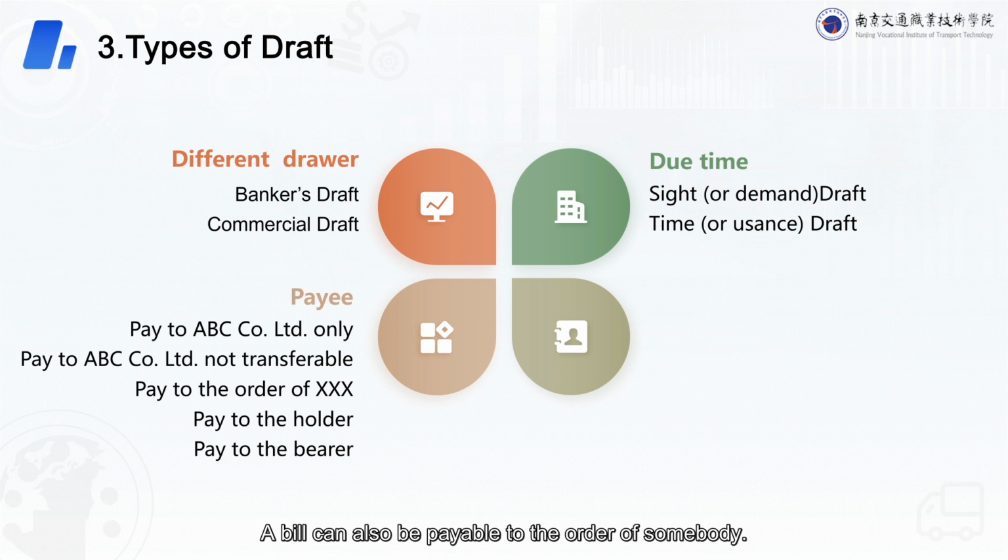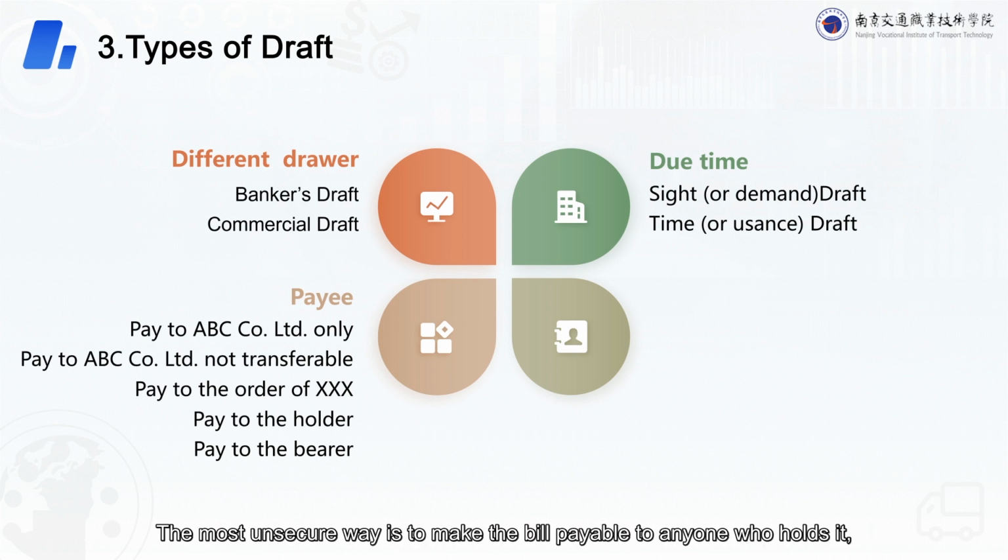A bill can also be payable to the order of somebody. For example, "Pay to the order of Bank of China, Shanghai branch", or "Pay to Bank of China, Shanghai branch, or order". Such bills can be transferred by endorsement, which enables them to be transferred safely. Thus, it is widely used in international trade.